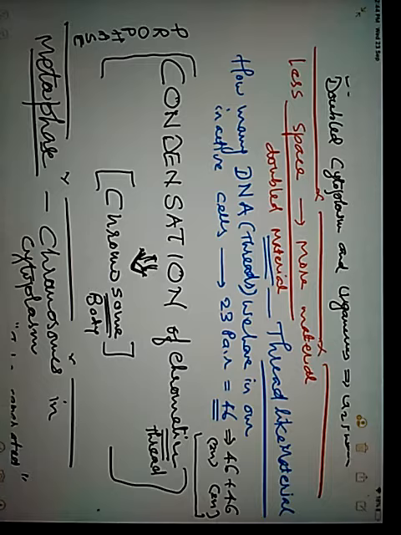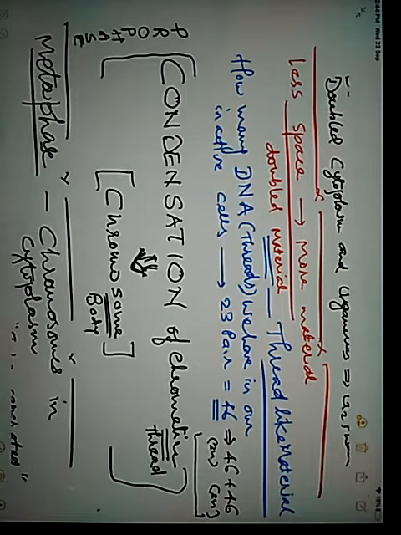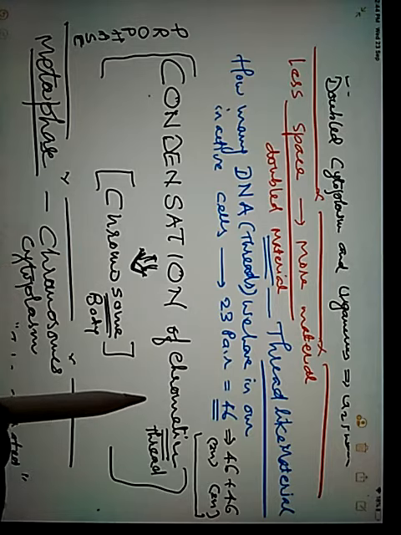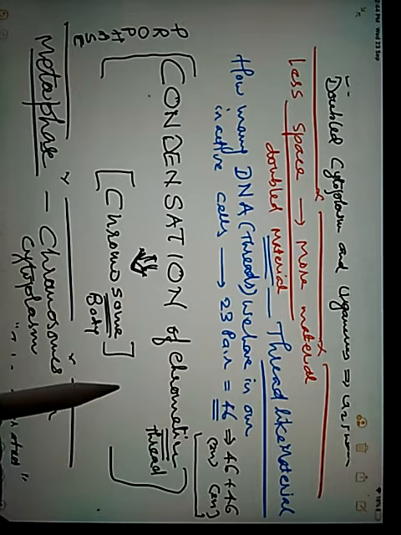During prophase of mitosis, the main event we saw was condensation of chromatin into chromosomes. The second change was disappearance of the nucleolus, because chromosomes appeared and chromatin disappeared. The third change was disappearance of the nuclear envelope as well. So there were three changes.